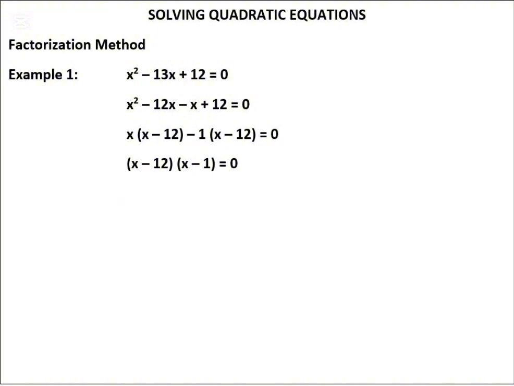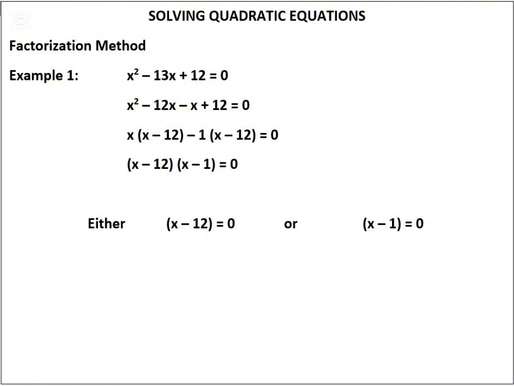When you have two numbers multiplying each other to give 0, it means that one of those numbers has to be 0. Now, in the same vein, since you have x minus 12 multiplying x minus 1 to give 0, it simply means that either x minus 12 is 0 or x minus 1 is 0.